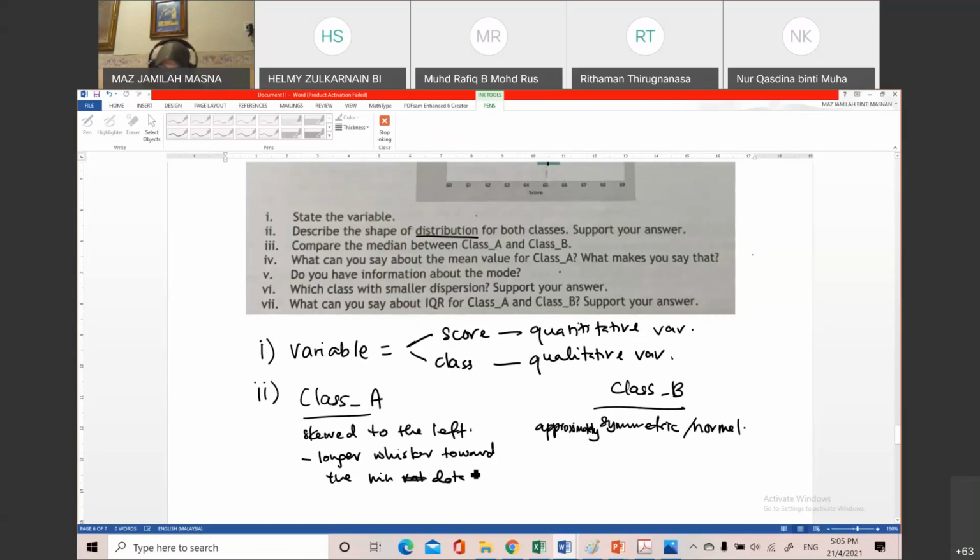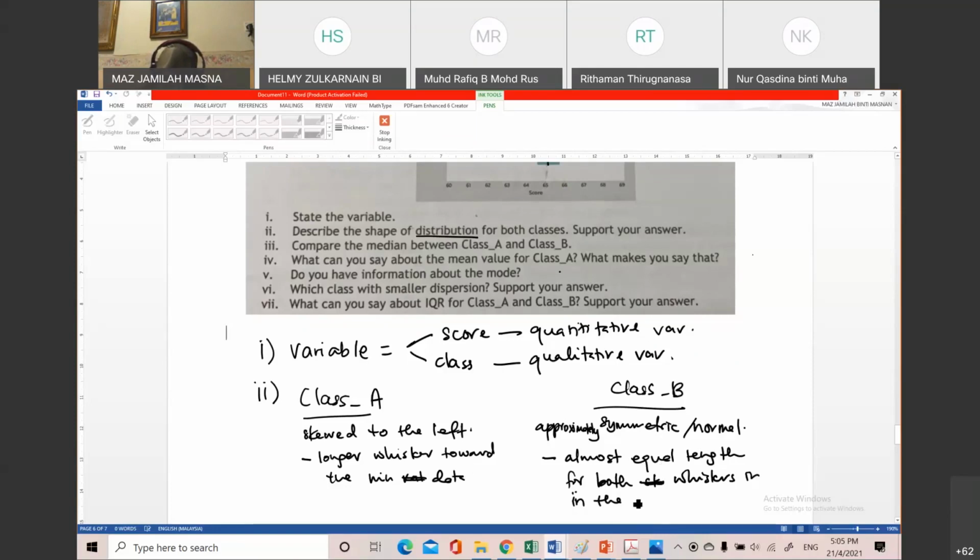And for class B, you can say: almost equal length for both whiskers, left and right.